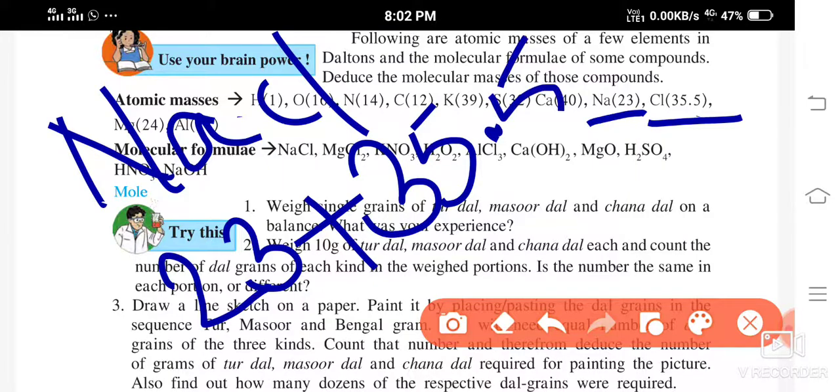So you're going to add these two. So it is going to be 35.5 plus 23, how much is that?